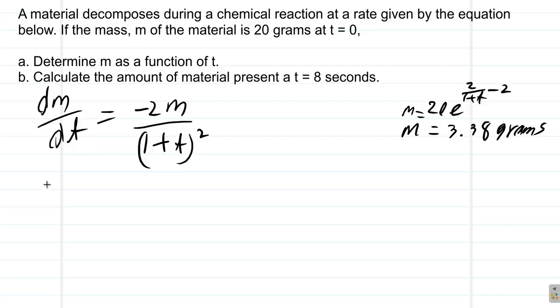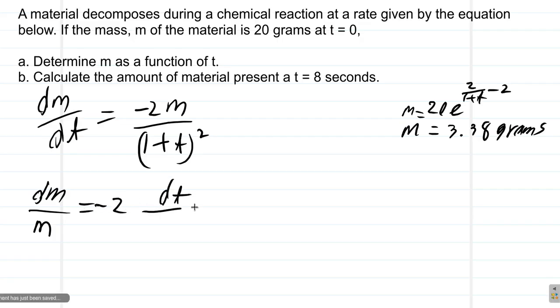Suppose you divide both sides by m and at the same time multiply by dt. What you would get is dm over m is equal to negative 2 dt over 1 plus t squared.